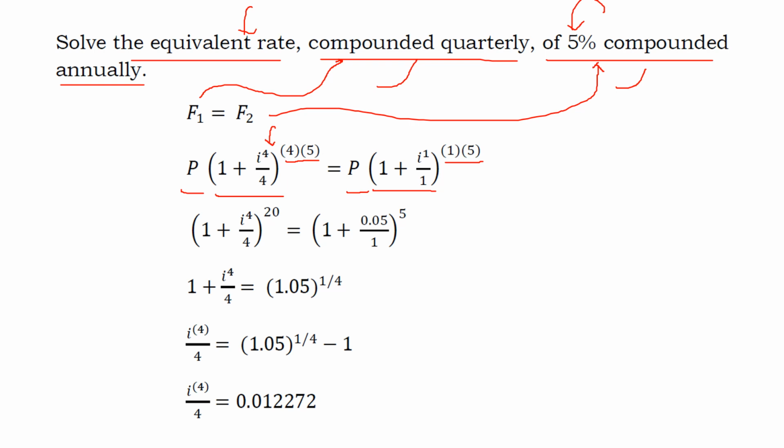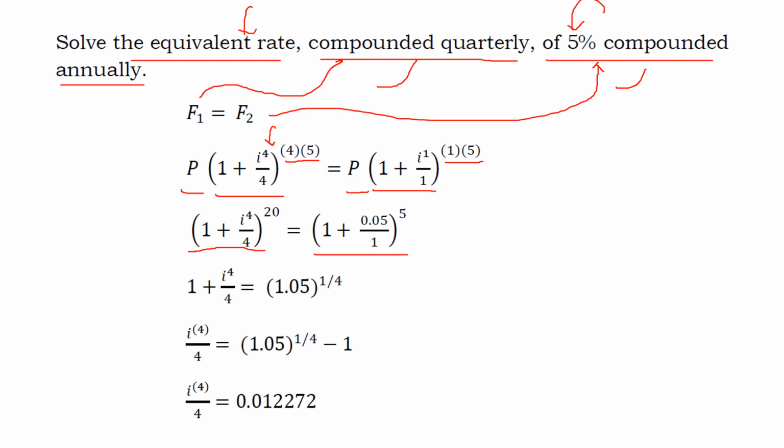So the resulting simplified form is 1 plus i raised to 4 over 4 raised to 20 is now equal to 1 plus 0.05 over 1 raised to 5. In this case, upon simplifying your given values, we can apply the law of exponent.